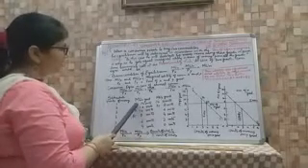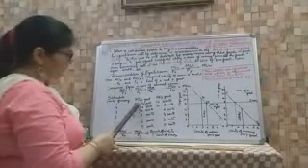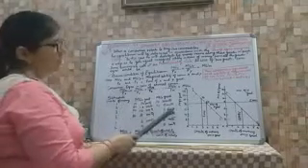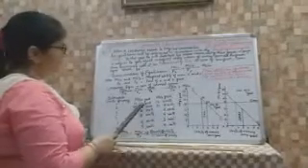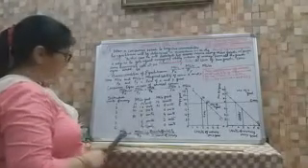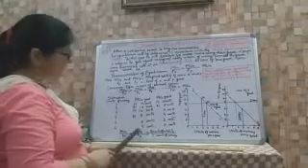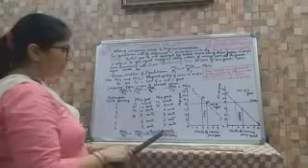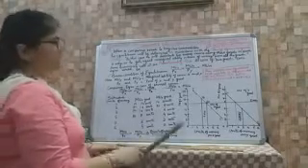So all the even ones will be of X and all the odds will be of Y. Then MUX over PX equals MUY over PY equals 8 units of utility upon 1 unit of money.